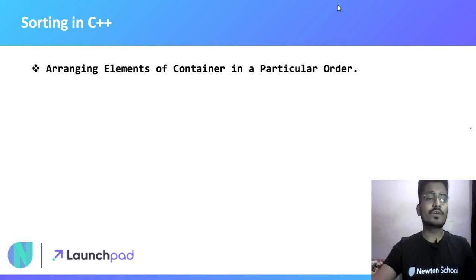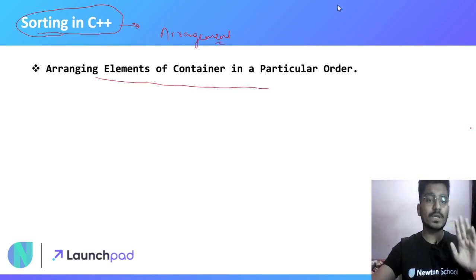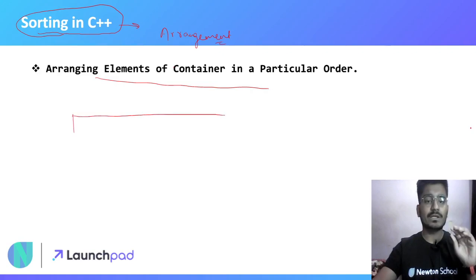So what is sorting? Sorting is some kind of arrangement of elements in some particular order. Suppose we have a container, and in that container we have elements like 1 5 3 2 1 0 10.